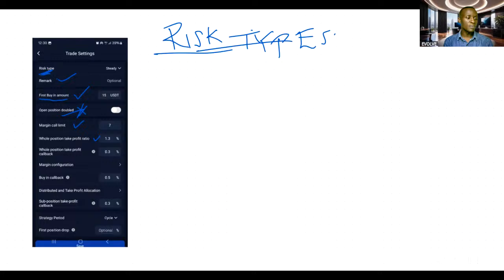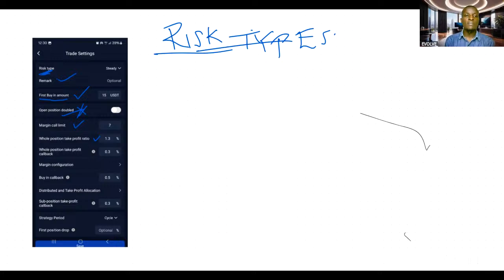That is the modes, the selling modes. I'll talk about it later.